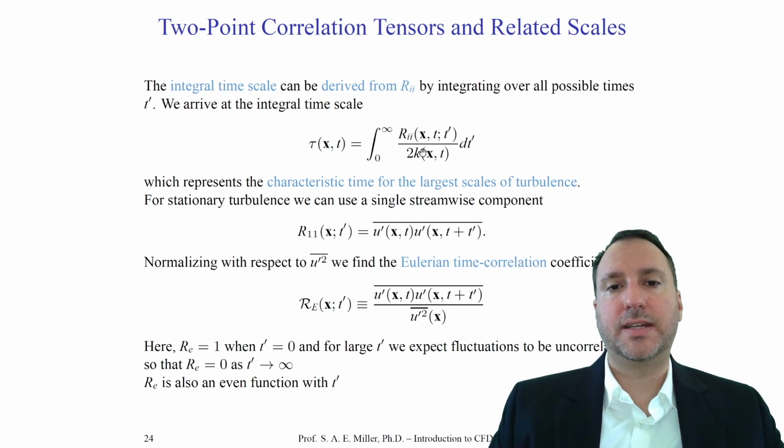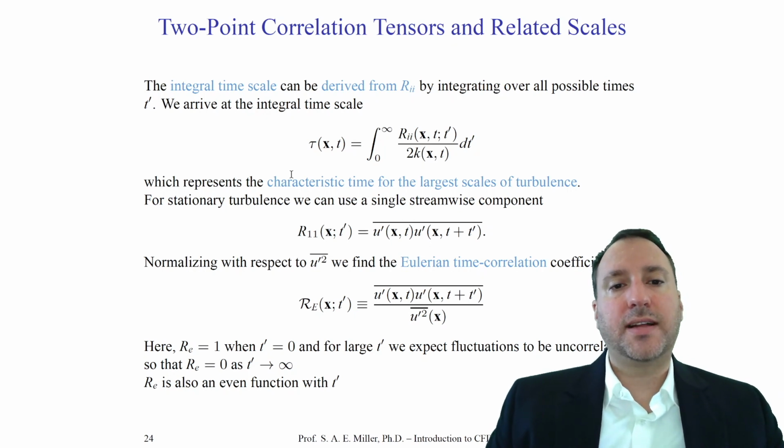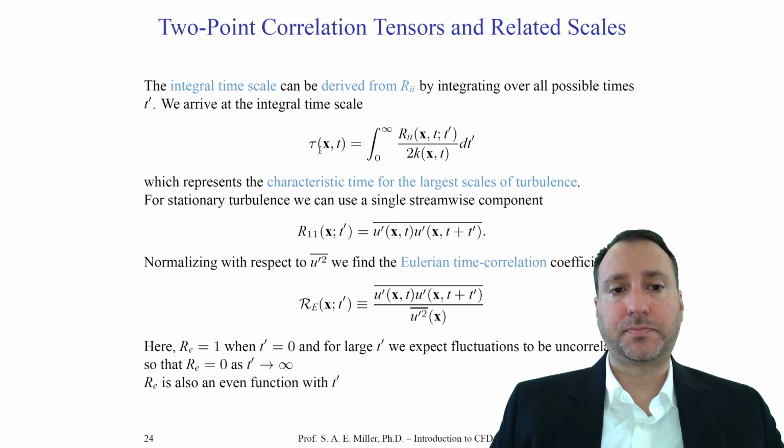We've non-dimensionalized the autocorrelation term to get units of time. This represents a characteristic time, or some people call it the largest scales of turbulence in time. So by looking at the autocorrelation of the velocity stress terms in Reynolds stress, we can recover the time scale. This is a very important property of the closure problem.